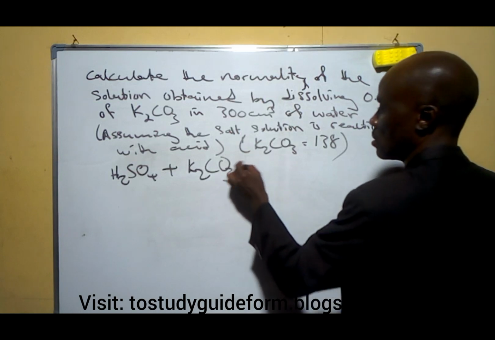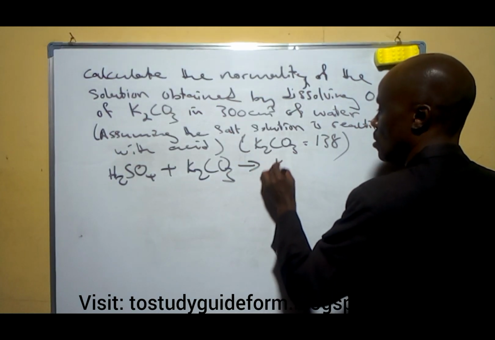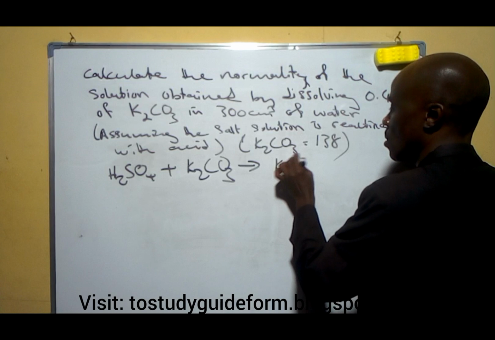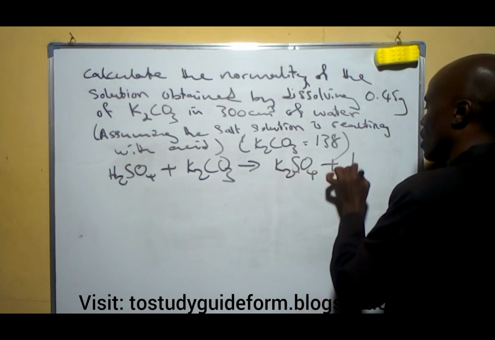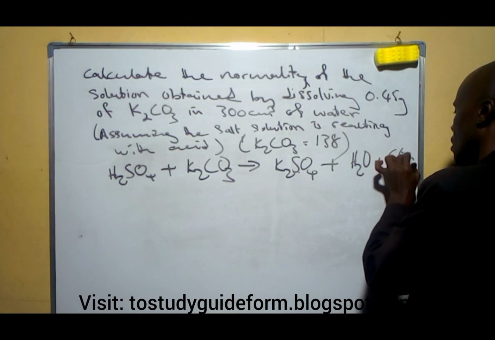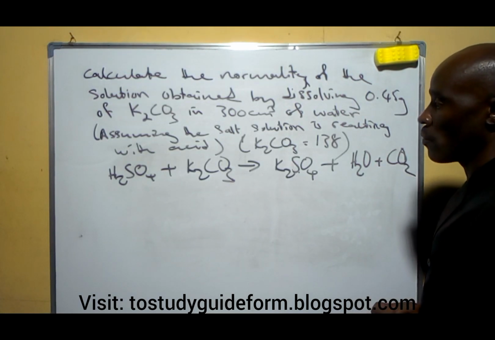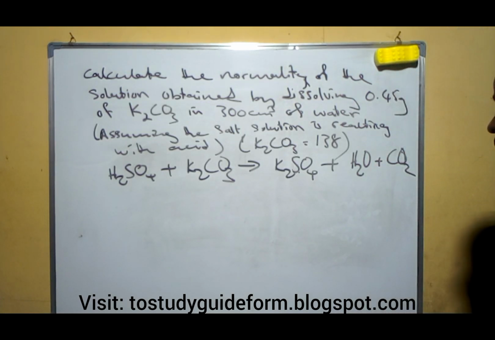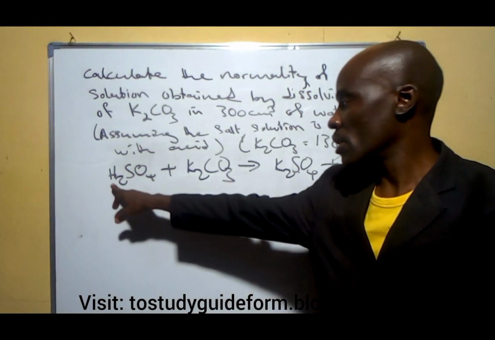From the chemical equation, we find out that the hydrogen ion there is 2.